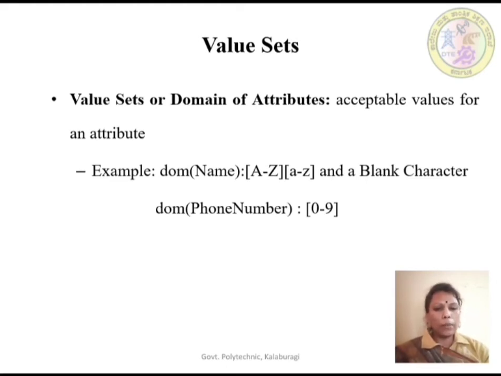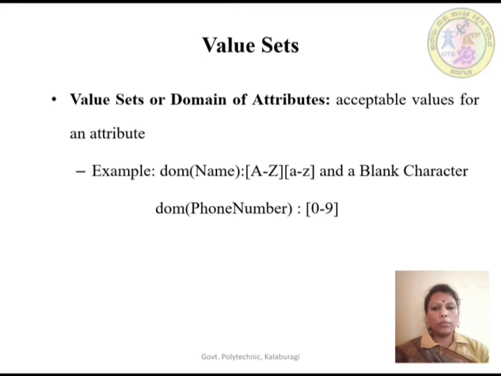So numbers are not allowed for name. That's why the domain of name is only characters along with a blank space. First name and a blank space, second name and a blank space, third name and the last name. So alphabets along with a blank character are allowed for name. This is called the domain of name.